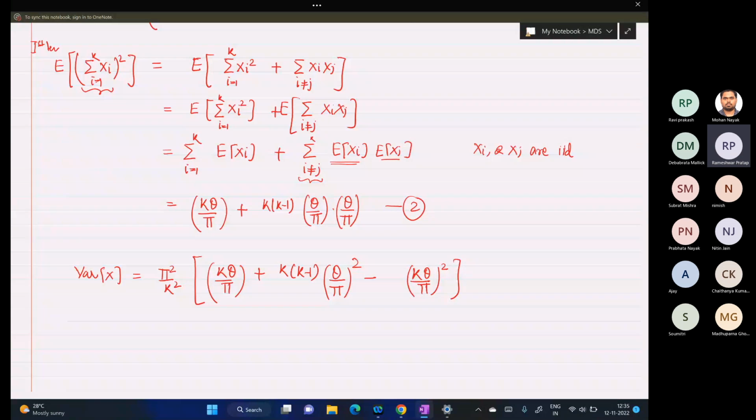Right? I didn't do anything fancy, I just put the corresponding values.